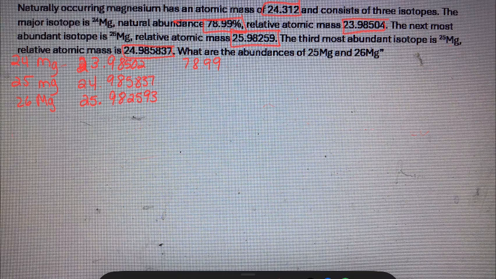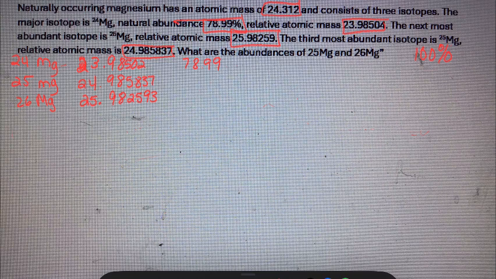But if you remember, all percentages have to add up to 100%. So to figure out what the percentage needs to be for the remaining 2 isotopes, we simply subtract 78.99 from 100.